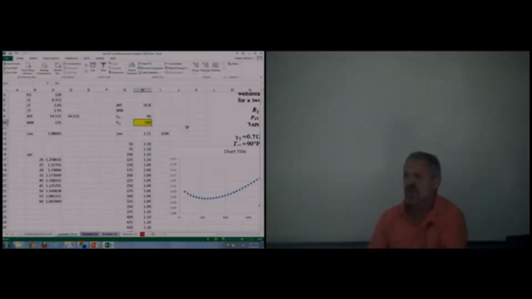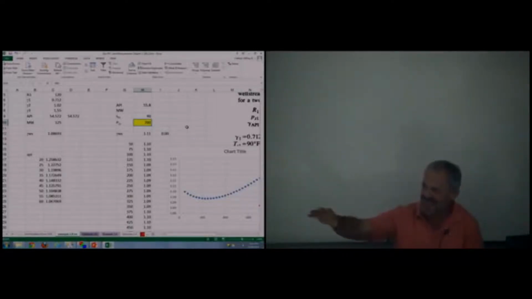And you know who gives you this stuff for free is the people that sell you separators. Same thing with pumping units. You can get a lot of design software. They want to load you up. Lufkin wants to load you up with pumping unit software so that they will always show that you need a Lufkin pumping unit.